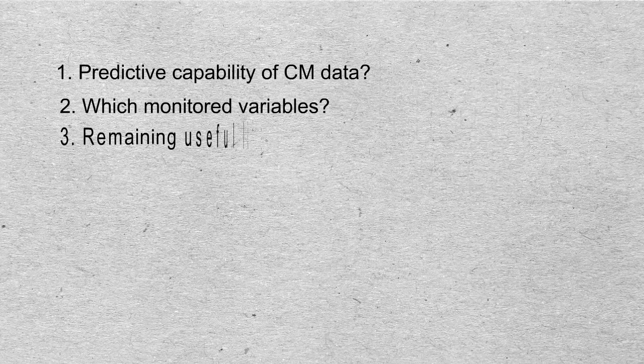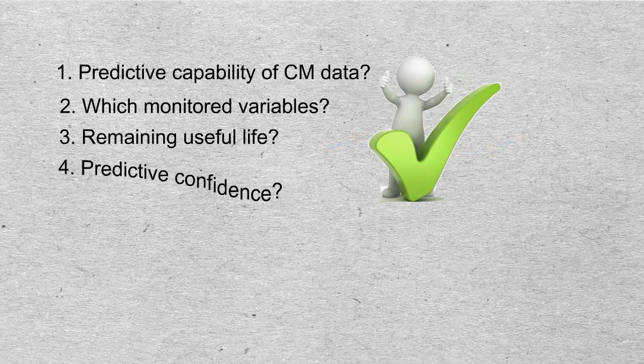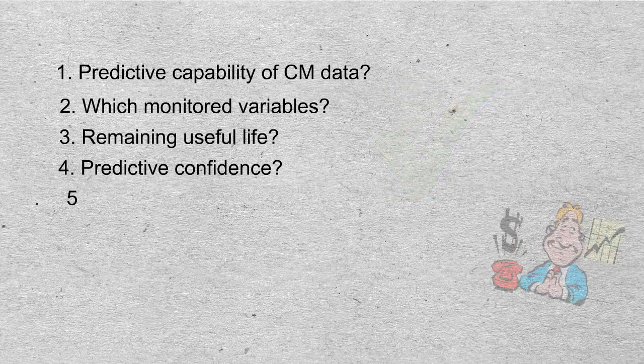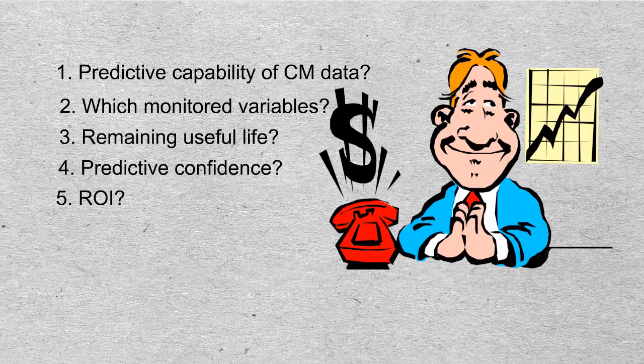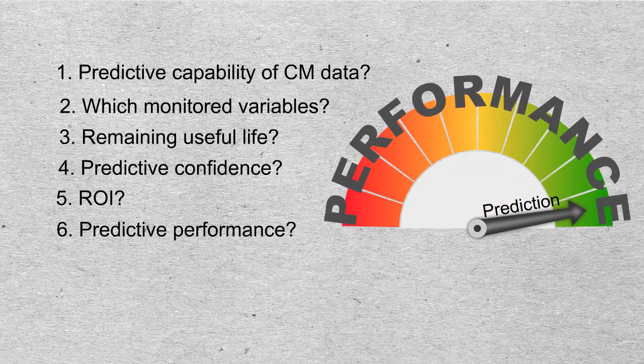What is the probabilistic relationship between those variables and an item's remaining useful life? What is the confidence with which a predictive decision is taken? What is the return on investment of a given predictive maintenance strategy? How can predictive performance be measured?